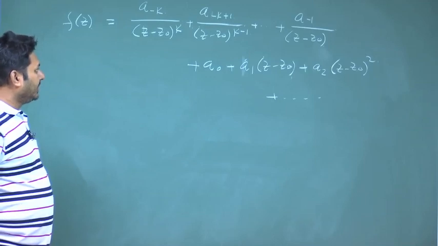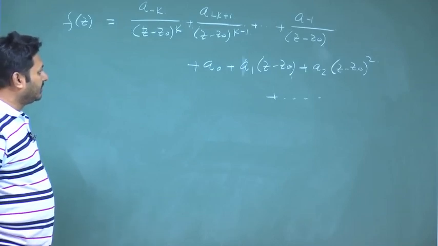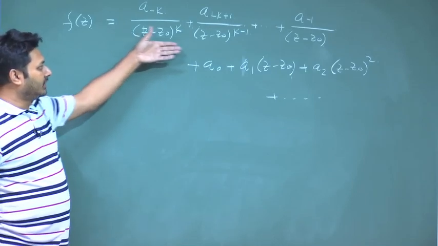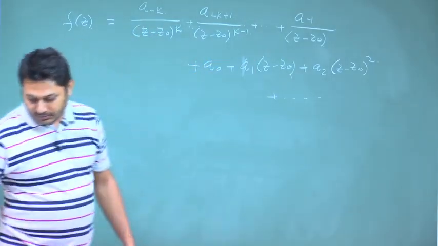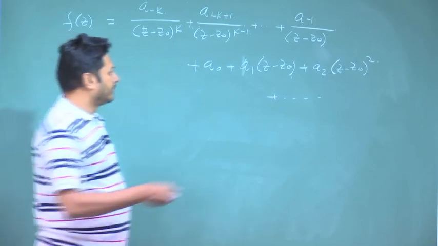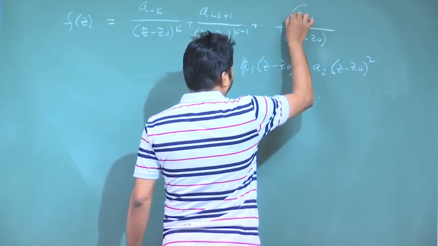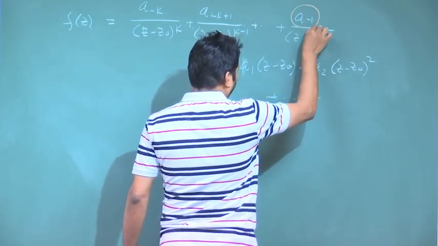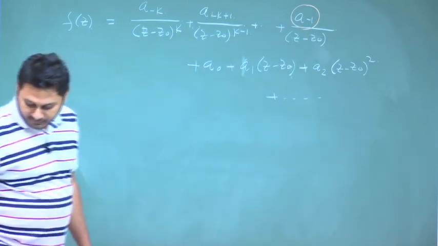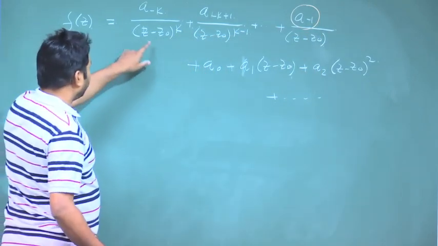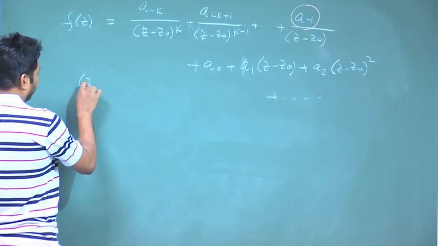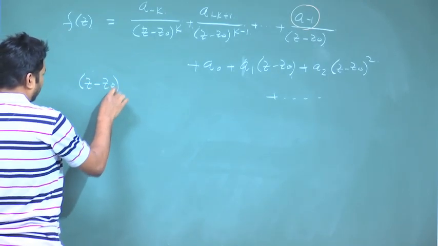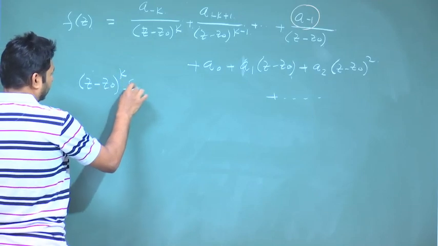So now the question is how to deal with this. My goal here is to find this quantity a minus 1 somehow. The first thing we can do is multiply (z minus z0) to the power k on both sides.